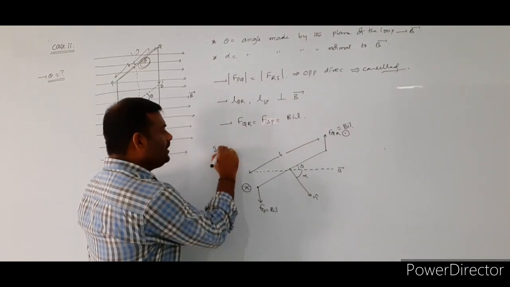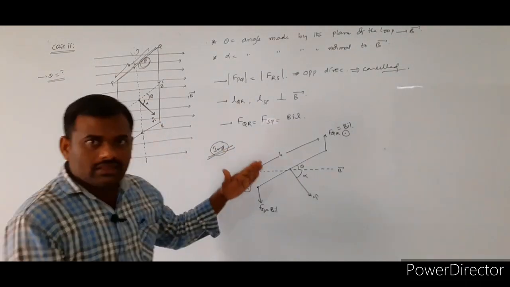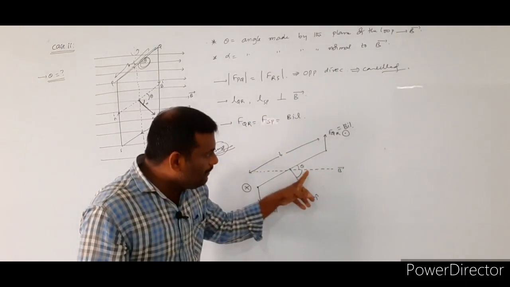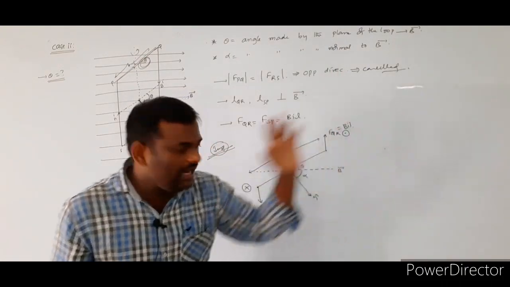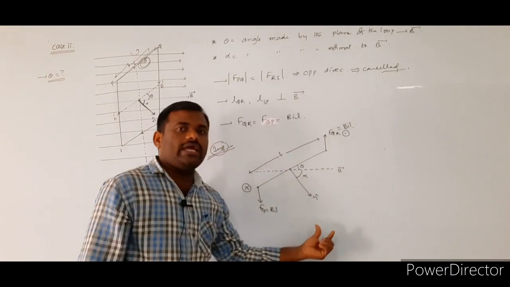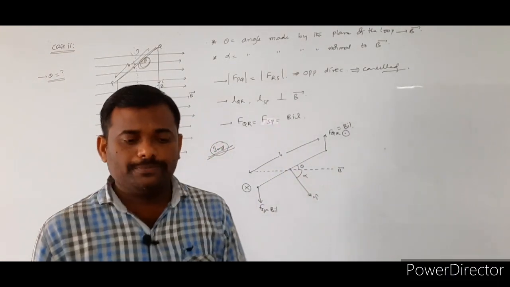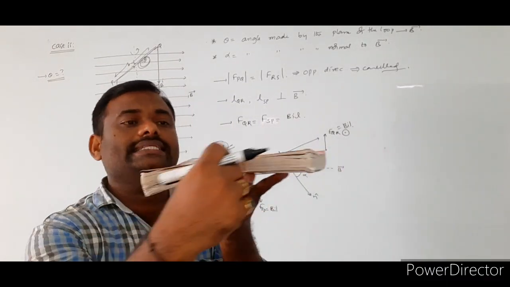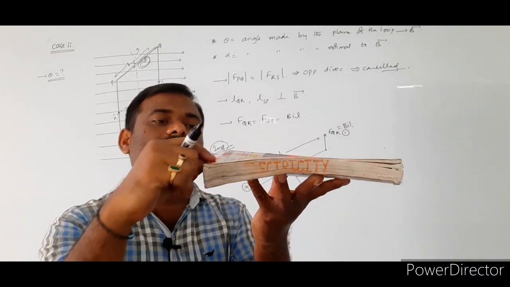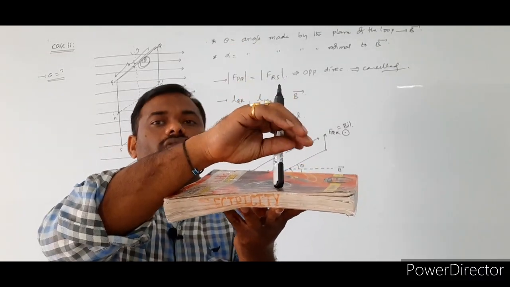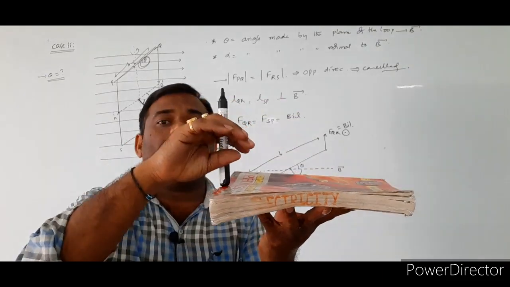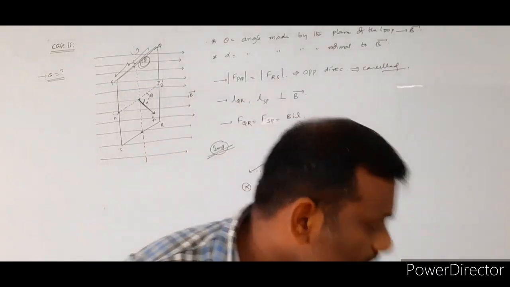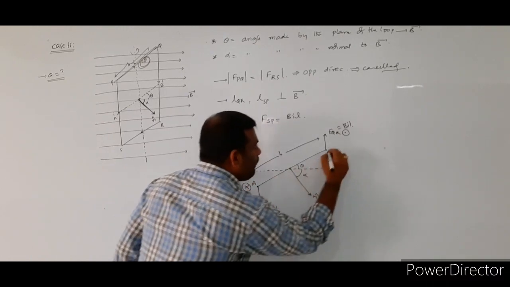This diagram is important, we have to understand it carefully, because the coil is rotated through an angle theta, so this side of the coil will be making an angle theta with the direction of the magnetic field. If you draw a normal to the coil, this length is the side length and this is the breadth, and the normal is perpendicular to the breadth and also perpendicular to the length. Here AB is parallel to the breadth.